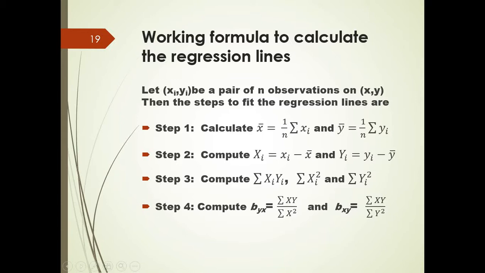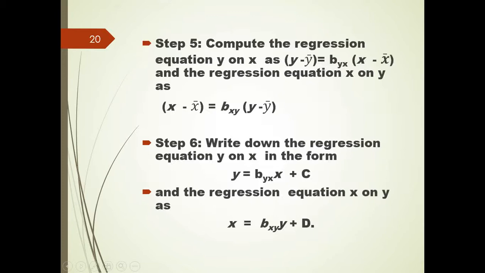To do that, first calculate x bar and y bar, then calculate xi equal to xi minus x bar, yi equal to yi minus y bar, and then compute xi yi, xi squared and yi squared, and calculate the coefficients.